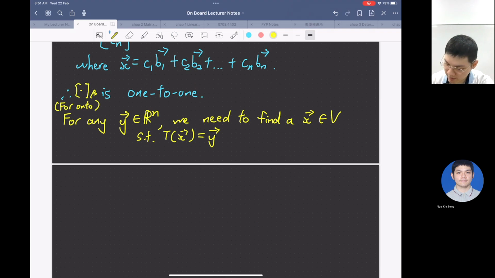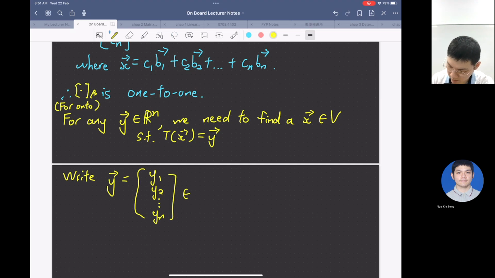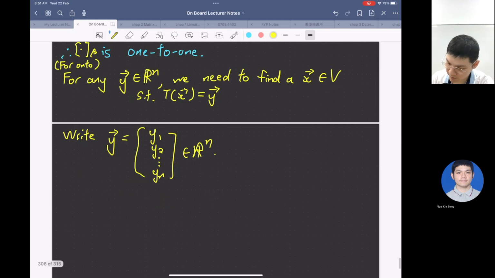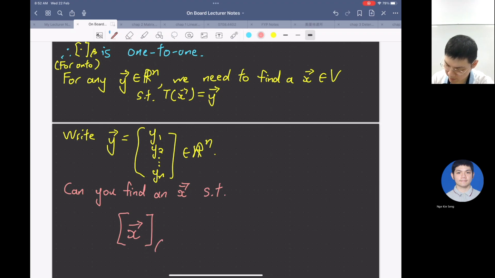Let's write y equals y1, y2 up to yn in R. The question is, can you find an x such that if you read out the coefficient of your x relative to the basis, you will get y?